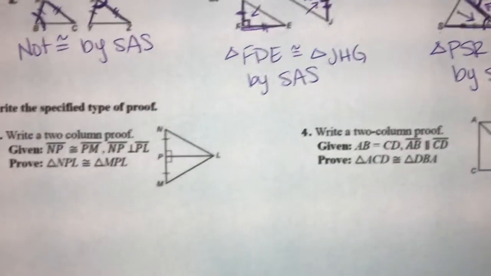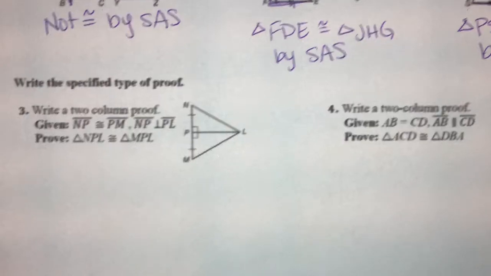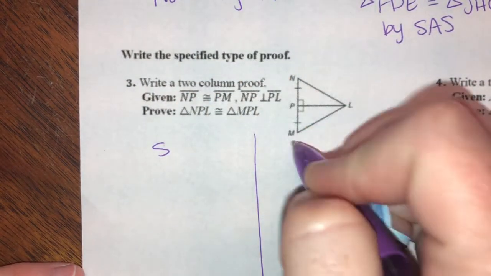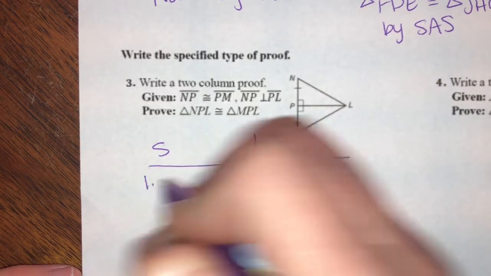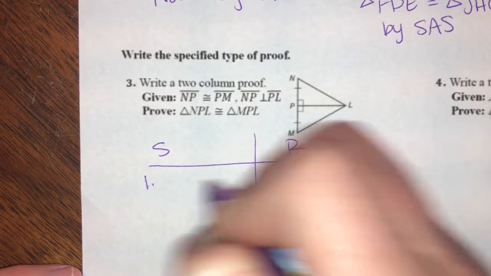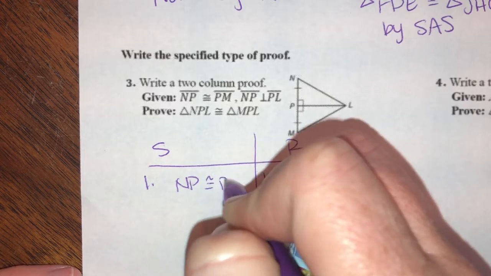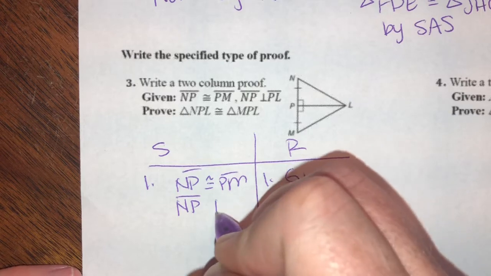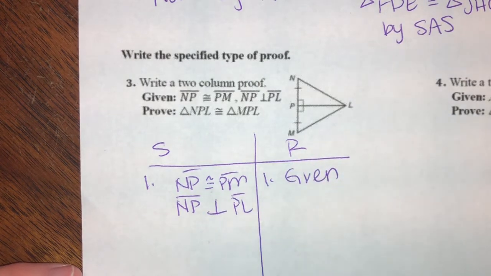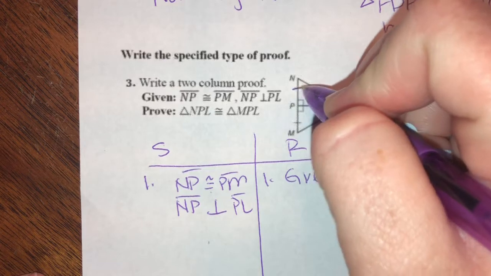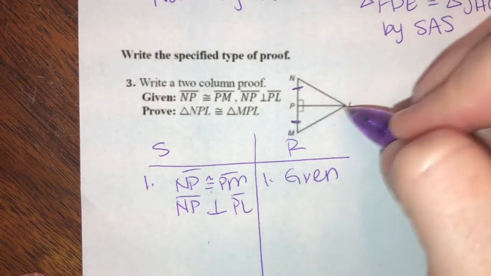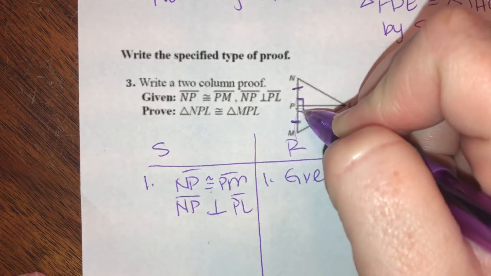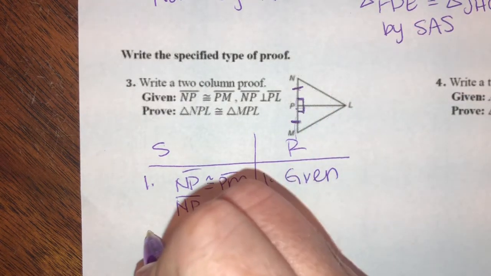Okay, write the specified type of proof. We're writing a 2-column proof for both of these. I'm just going to shortcut it here. Statement, reason. Number 1 is given, and P is congruent to PM, and NP is perpendicular to PL. Okay, and they're already marked for us. This guy is congruent to this guy, and this line and this line are congruent, which tells us that these two angles are 90 degrees.